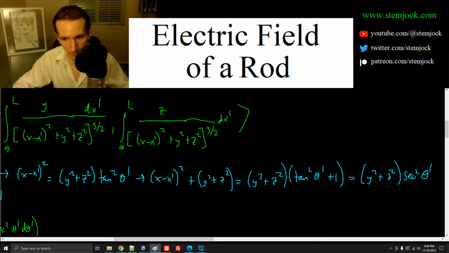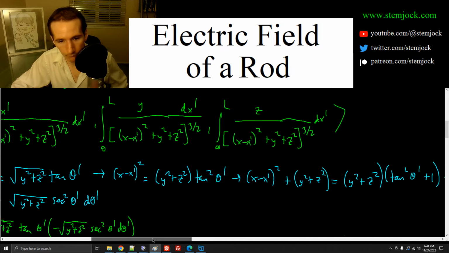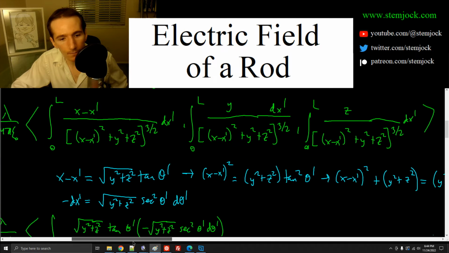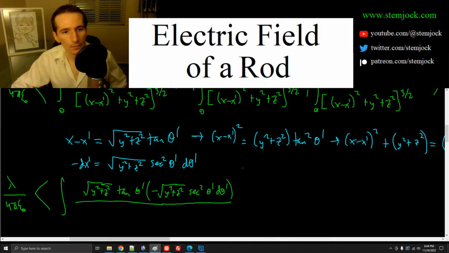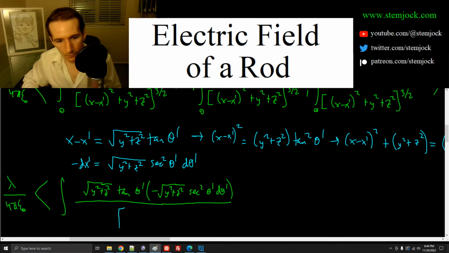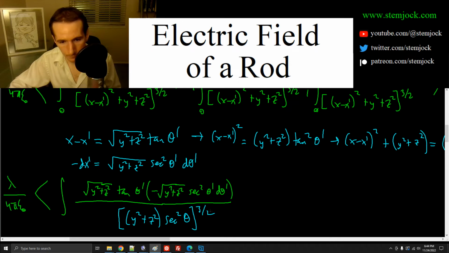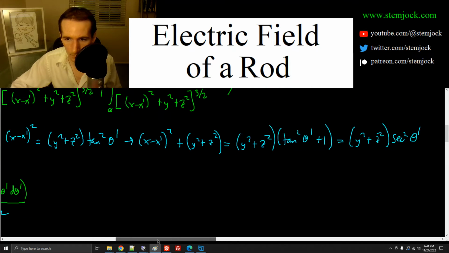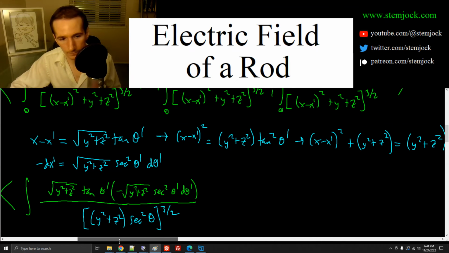So this is what I'm going to have in the denominator: y squared plus z squared secant squared theta to the power of 3/2. Just double check that. Yes, okay.